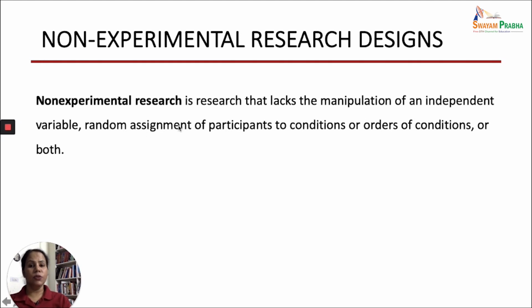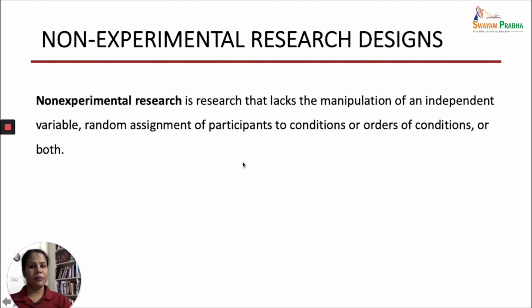The second thing is there is no random assignment of participants to conditions or orders of conditions or both. Here we do not randomly assign the participants to certain conditions. As the participants are available with some characteristics, we include them in our research study and we try to study them as the phenomena are naturally occurring.